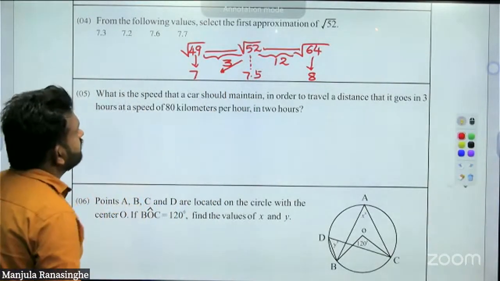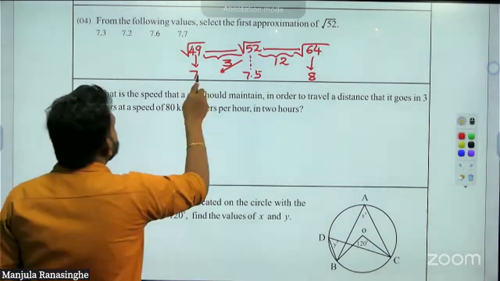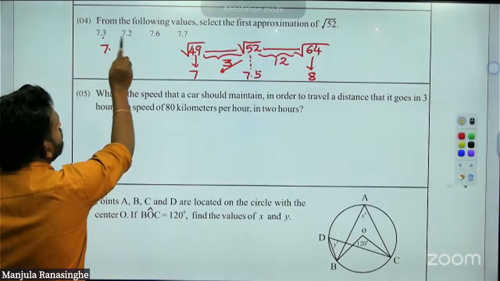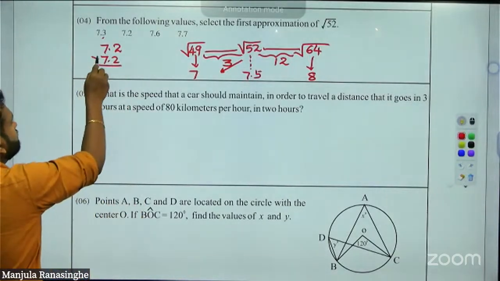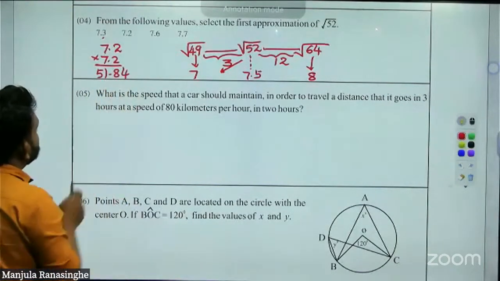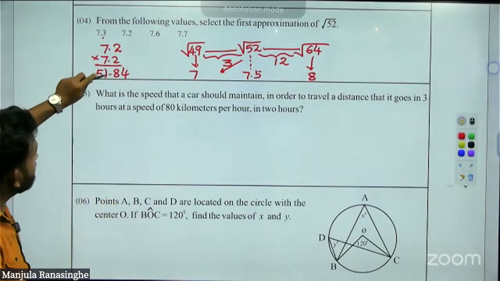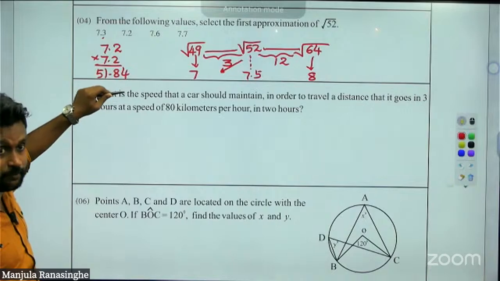Maybe you can check with 7.1 or 7.2, or 7.3. So I check 7.2 into 7.2, multiply and check. It gives 51.84. Now from 51.84 to 52, what is the difference? That means a 0.16 gap.